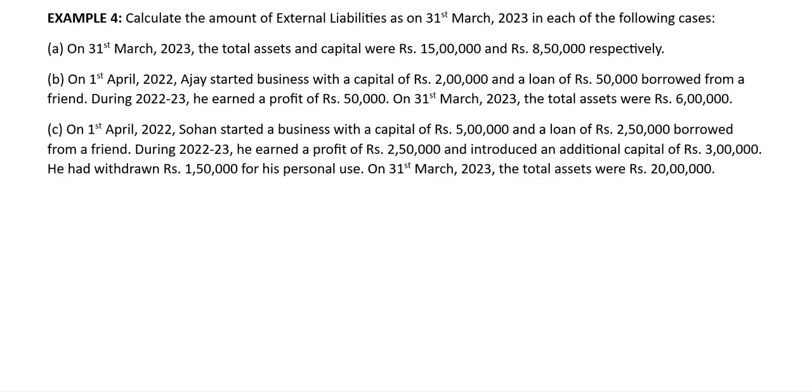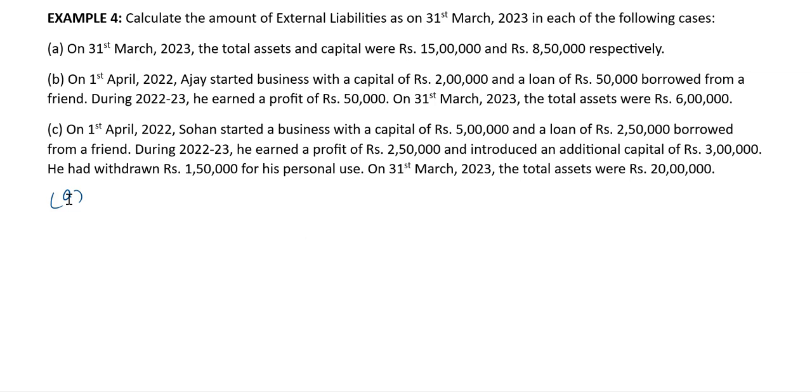Example 4. Calculate the amount of external liabilities as on 31st March 2023 in each of the following cases. So they have asked us to find out the closing liabilities. Okay, let's do the first subdivision. A. On 31st March 2023, the total assets and capital were 15 lakh and rupees 8,50,000 respectively.